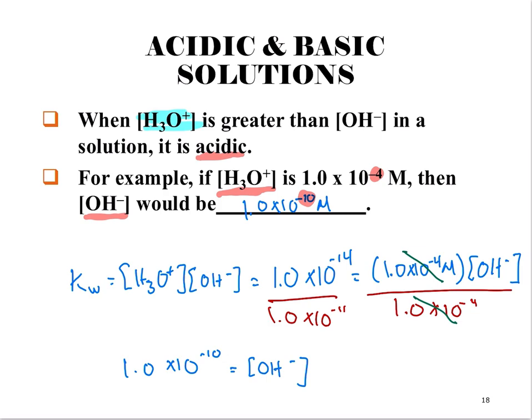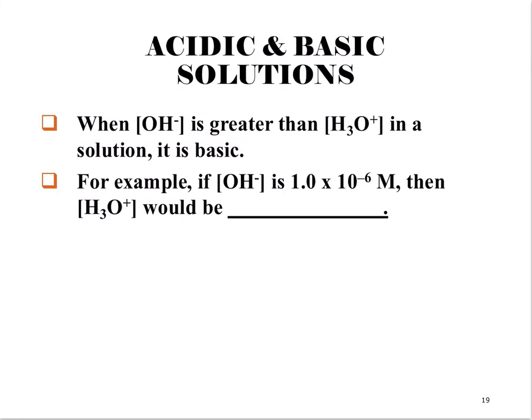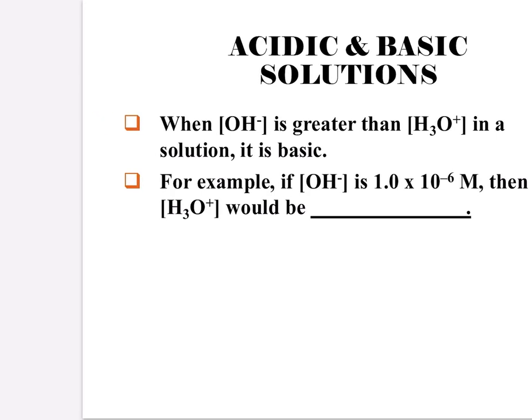And so then you can imagine if we have a basic solution, that is going to be the opposite, where you should have less H3O plus than OH minus in solution. So when the OH minus is greater than... do you need me to go back, Jonathan?